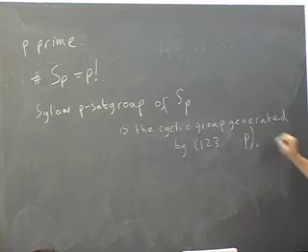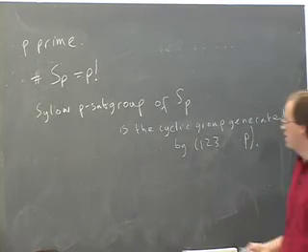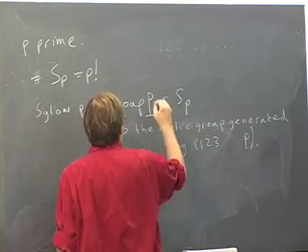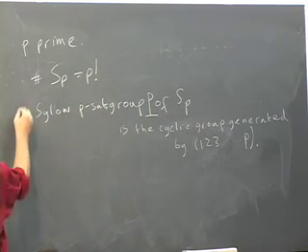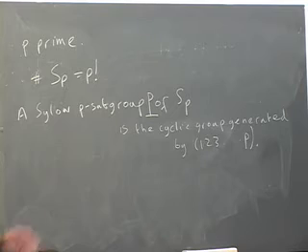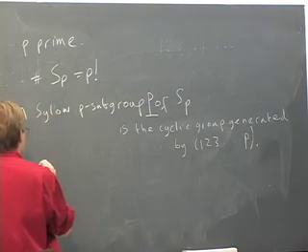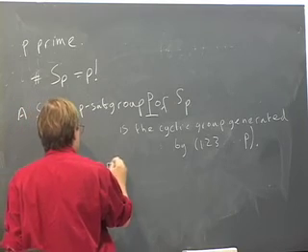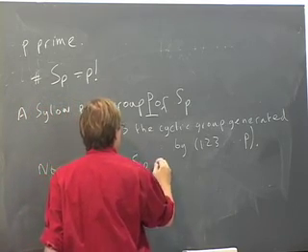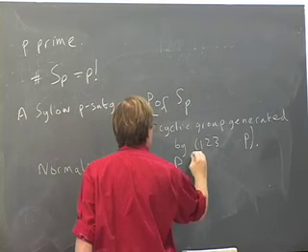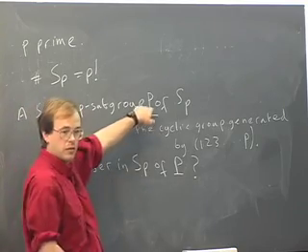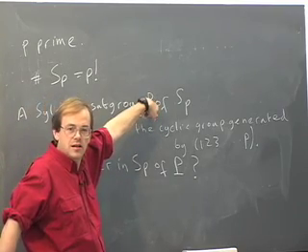Okay, and then the exercise concerns this Sylow p-subgroup. Let me write P. A Sylow p-subgroup P of S_p is the cyclic group generated by this. The normalizer in S_p of this cyclic group P is the set of all elements which, do you know what normalizers are?